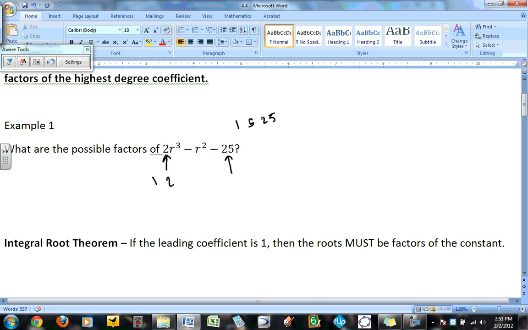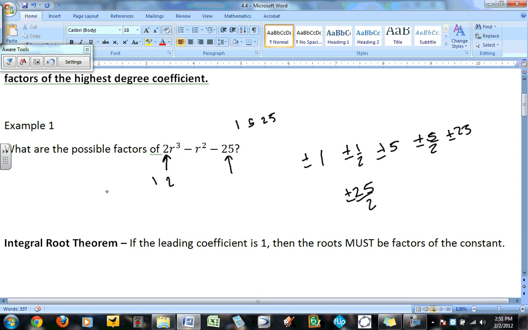So my possible roots would be 1 all over 1, so plus or minus 1. 1 over 2, so plus or minus 1/2. And then 5 over 1, so plus or minus 5. 5 over 2, so plus or minus 5/2. And then 25 over 1, so plus or minus 25. And 25 over 2, so plus or minus 25/2. So those are all our options for possible roots.